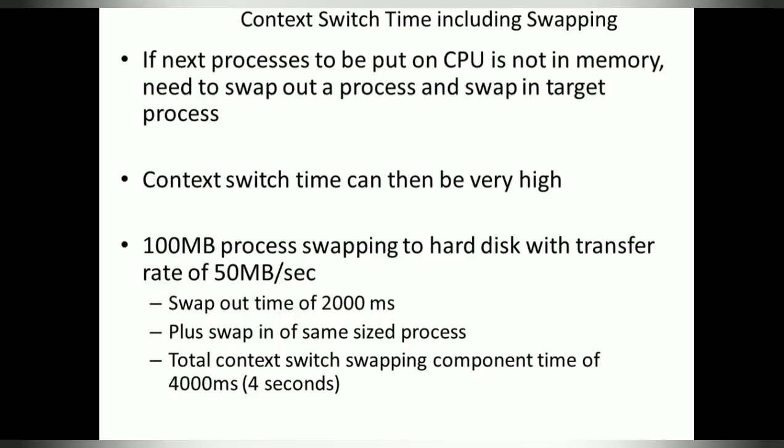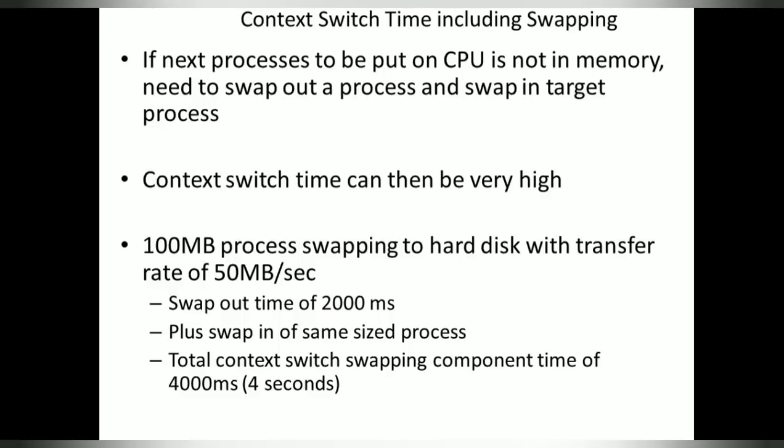Now let us say it is a round robin scheduling that is happening. Process P1, P2, P3. Process P1 and P2 are in memory. Process P1 is given to the CPU. Process P1 completed its execution. Now it will switch to process P2. Process P2 is in the memory.